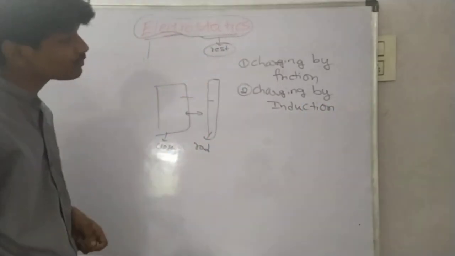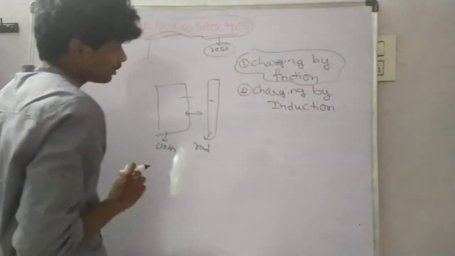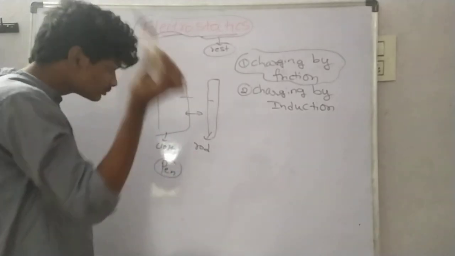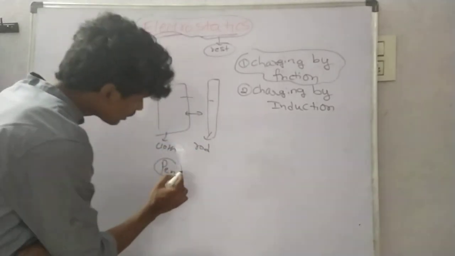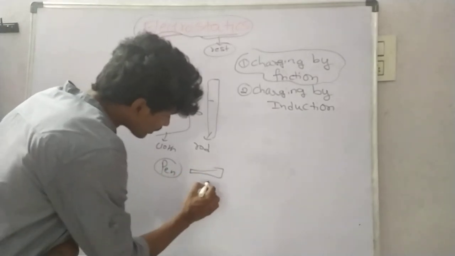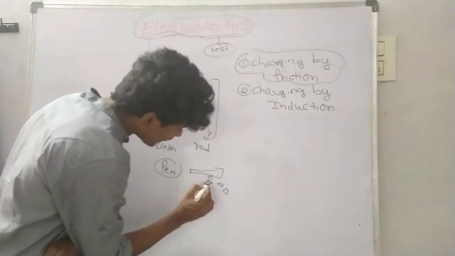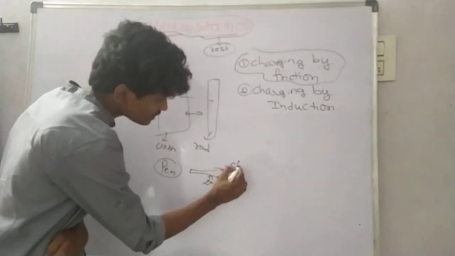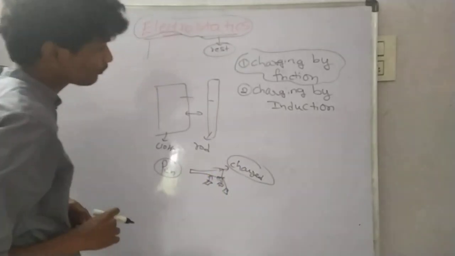So what is charging by friction? Let's understand this with a very familiar example. Take a pen and rub it with your hair. After some time, bring the pen near some pieces of paper. Then it will start attracting them. Why? Because the pen got charged, and because of this charge, these two are attracting.